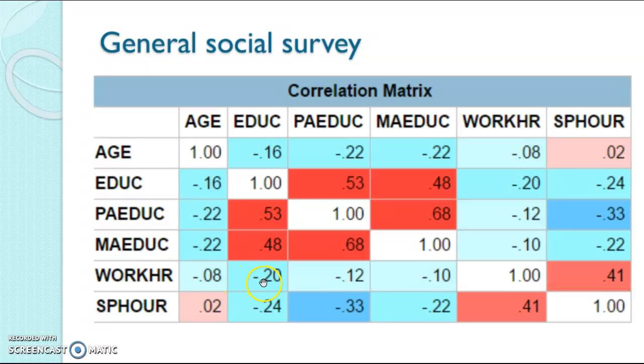This is work hours: how many hours did you work last week? What's your level of education? They found that people who worked more hours tended to have lower education, but again, it's a small correlation. Or the opposite: people who worked fewer hours tended to have more education, because it's a negative correlation, with that negative sign in front of it.